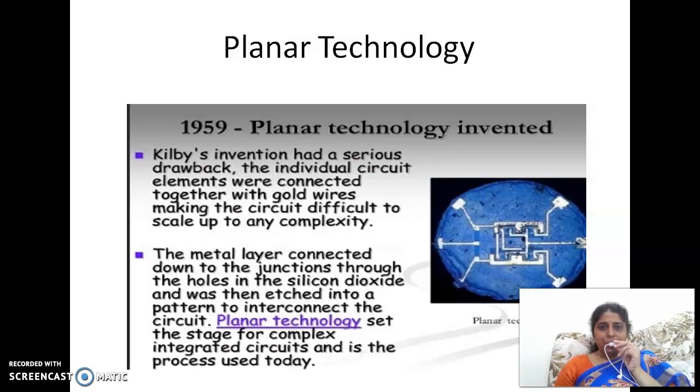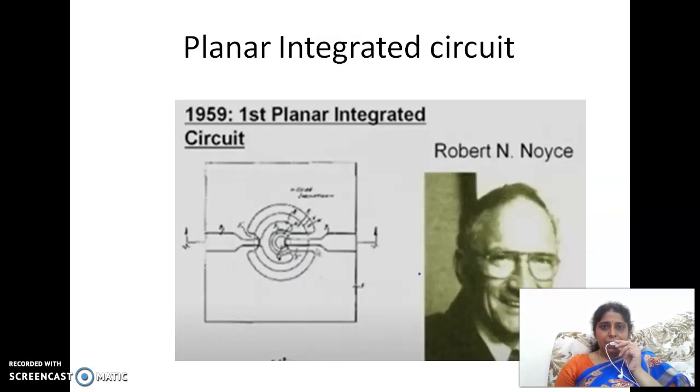For that, in 1959 planar technology came into the picture. Kilby's invention had a serious drawback, the connectivity issue, so planar technology came in. Next we have the planar integrated circuit given by Noyce.